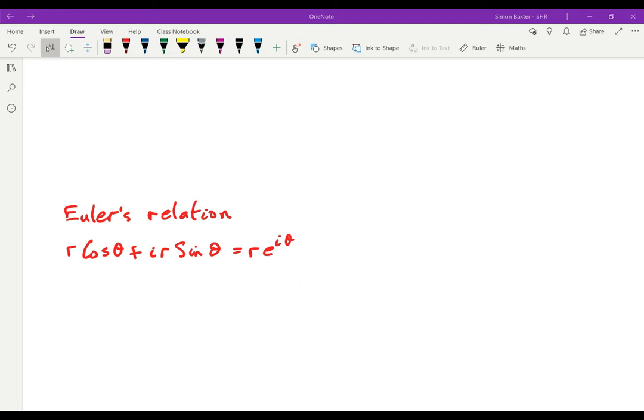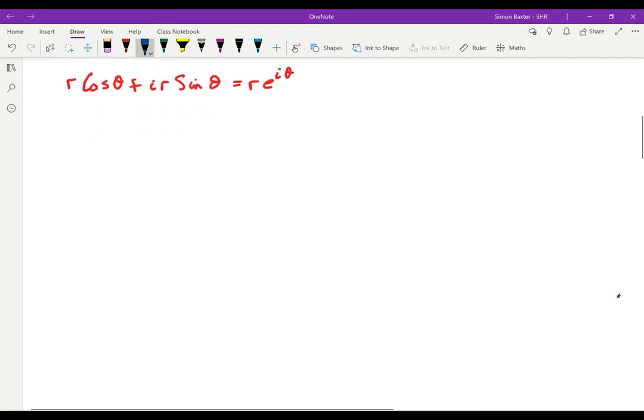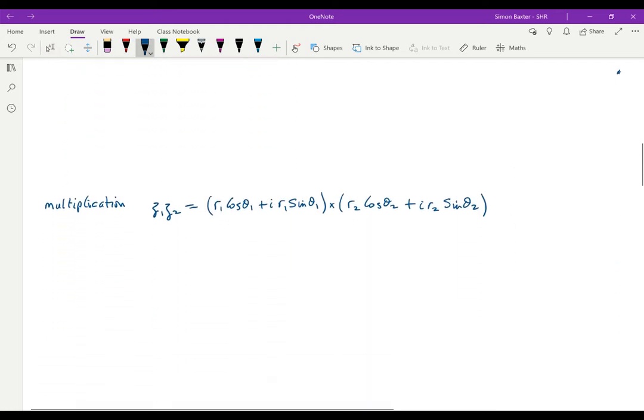Well, I said I was going to speak about multiplication and division. Let's look at multiplication first. If I take the multiplication of these two numbers, and write them in exponential form, r1 e to the i theta 1 times r2 e to the i theta 2, they're very, very easy to multiply together. r1 times r2 and e to the i, add the arguments, theta 1 plus theta 2.